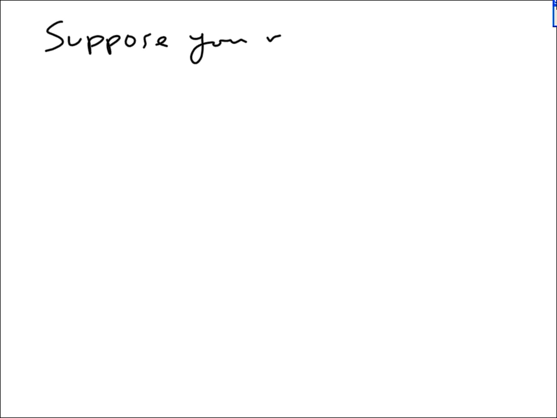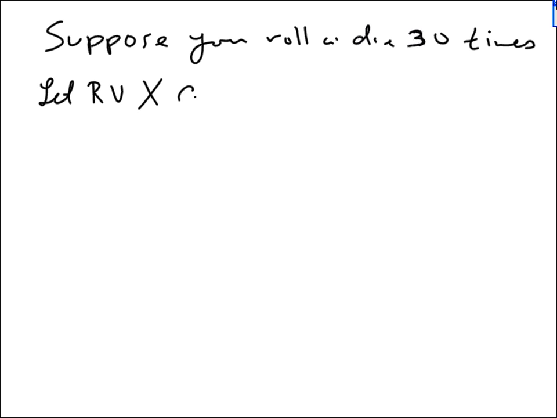Now, when it comes to the random variable, there can only be two outcomes. Let the random variable x count the number of times 1, 2, 3, or 4 comes up.